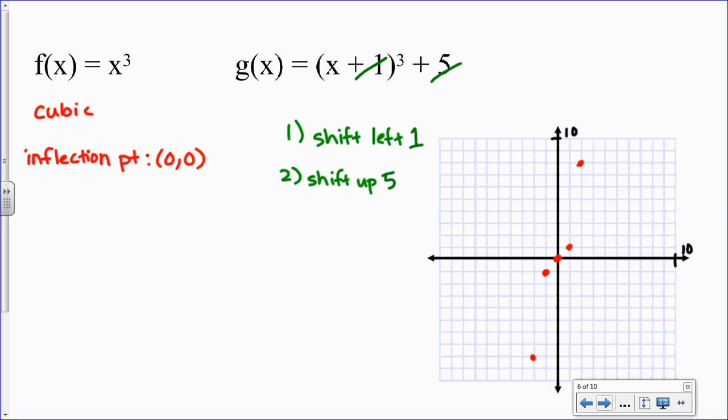It doesn't matter if you want to start up here and work your way down, that's fine. I usually start with the special point, whether that's a vertex or in this case an inflection point. So if I go left 1 and up 5, that means my new inflection point is at -1, 5.